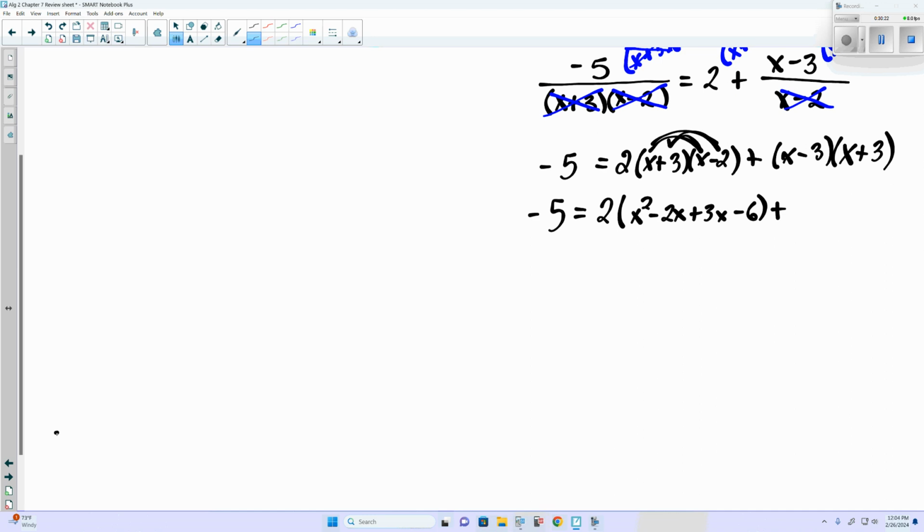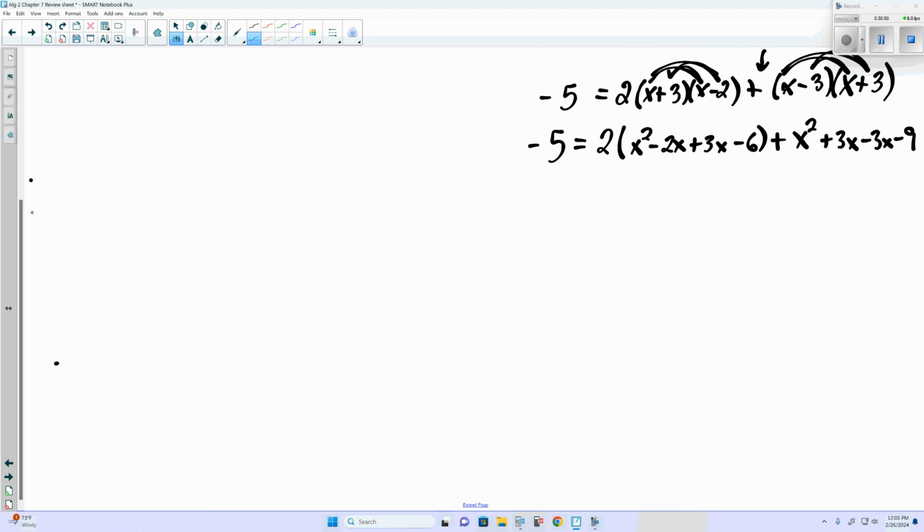Now our x plus 3 times x minus 3, since there's not a number in front of the parentheses, and the sign in front of it is plus, we don't need the parentheses when we do the multiplication. X times x is x squared. X times 3 is plus 3x. Negative 3 times x is negative 3x. And negative 3 times 3 is negative 9.